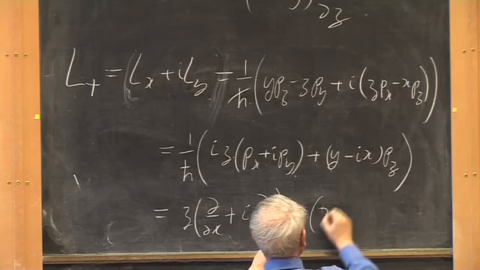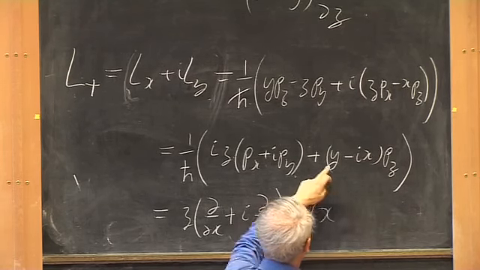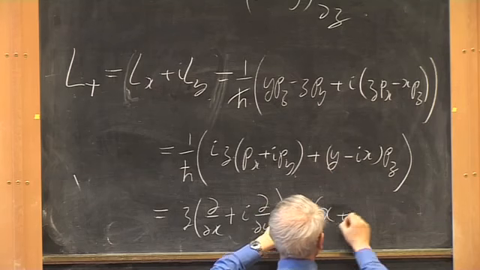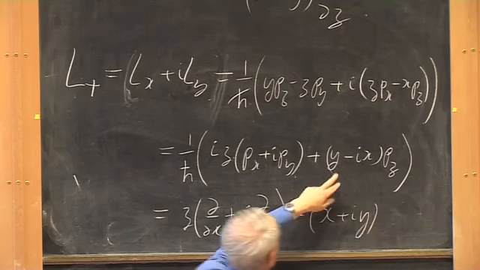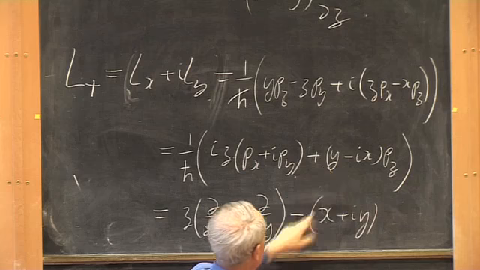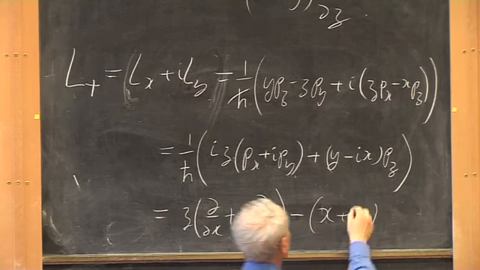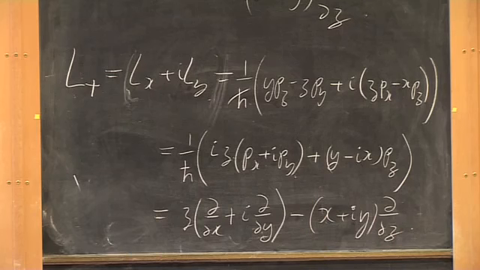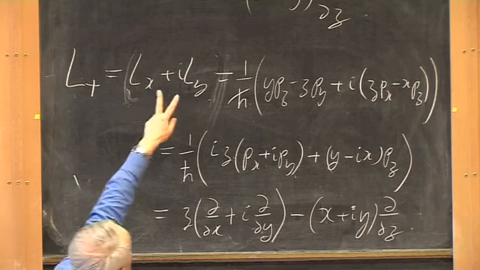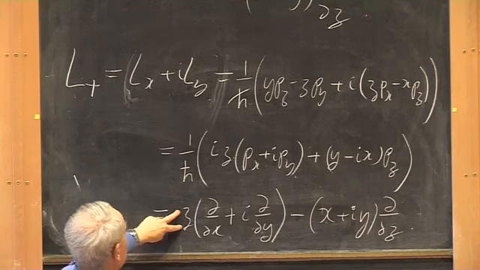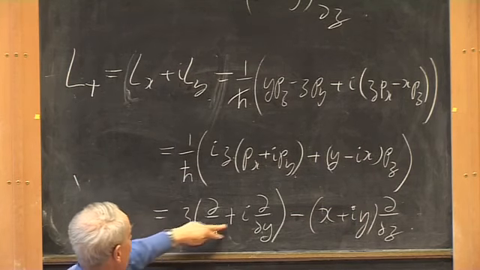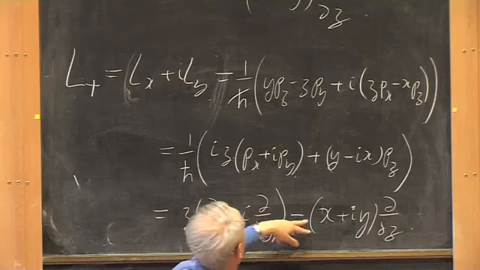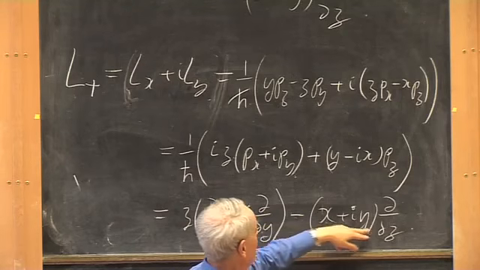So we get a minus x, and this is going to be plus iy, because there's a minus i here, and there's the minus sign, and here's the i, d by dz. And that, I hope, agrees with what we have written. It does, because r cos theta is also known as z. So we have z d by dx plus i d by dy, and here we have a minus x plus iy d by dz.